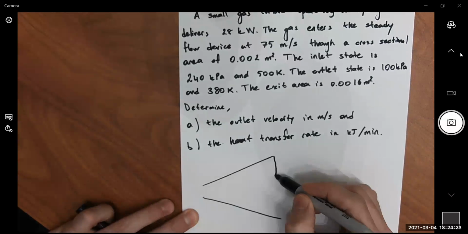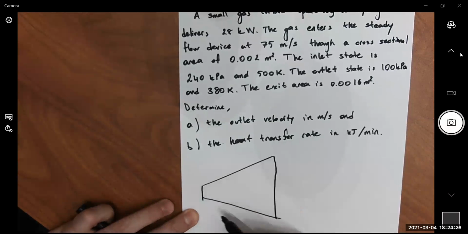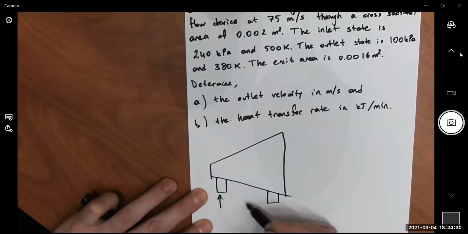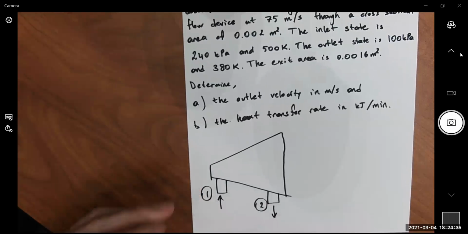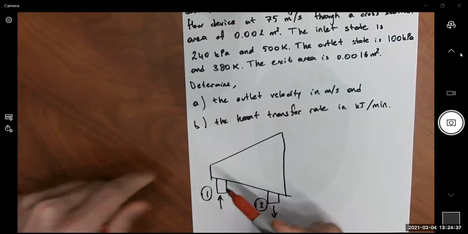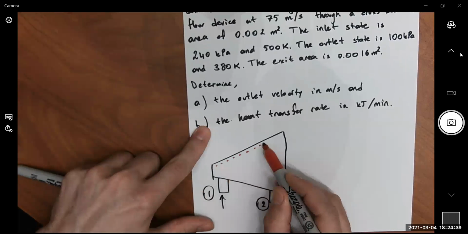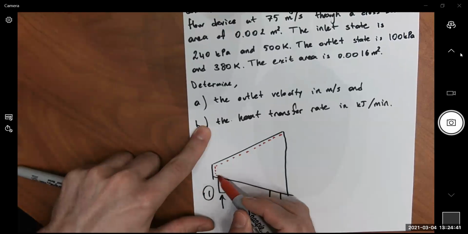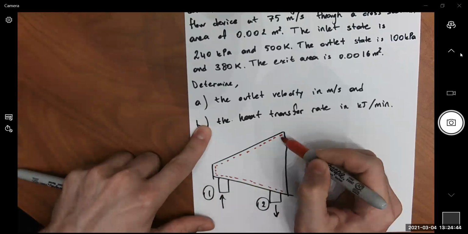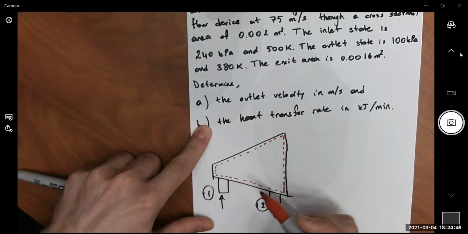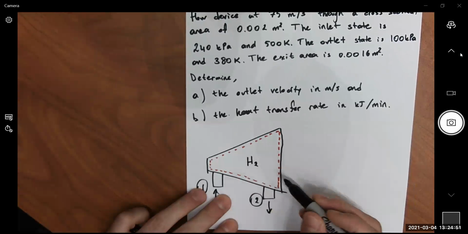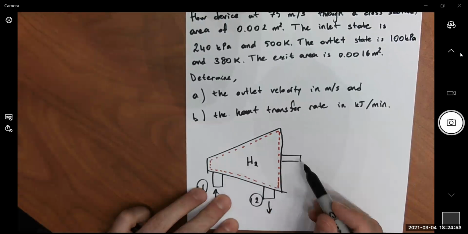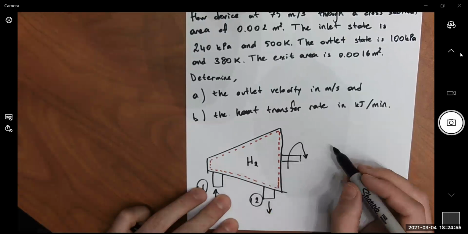We have a turbine, one inlet, one outlet, using hydrogen as a substance to produce work.